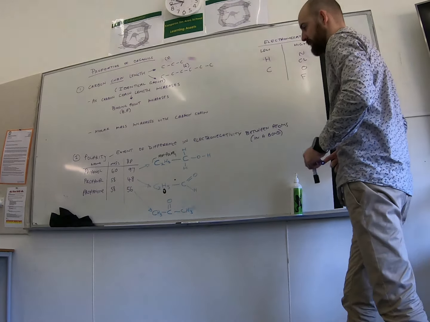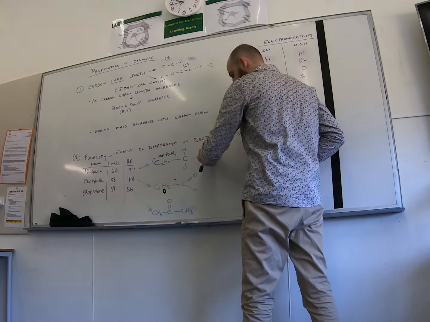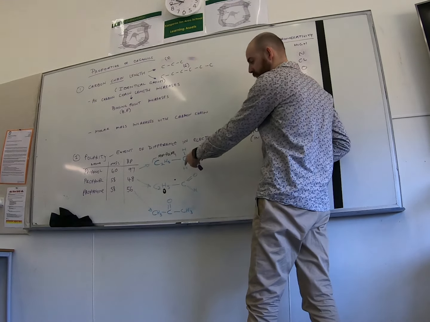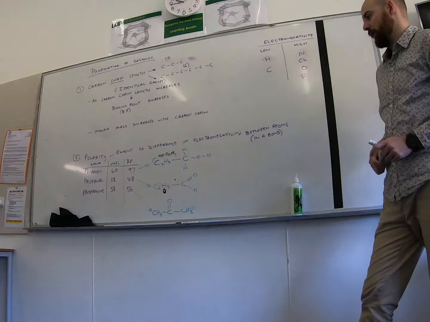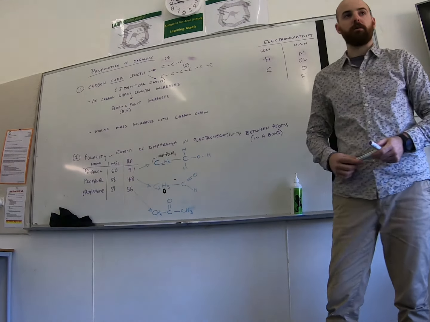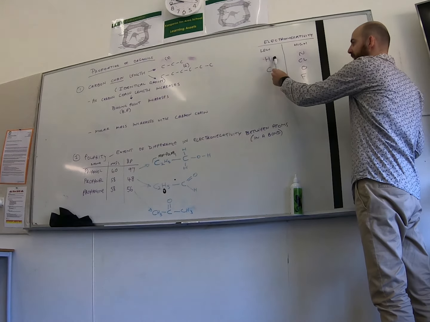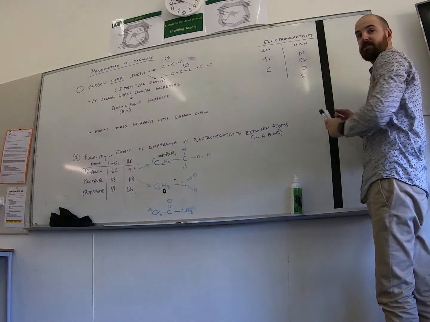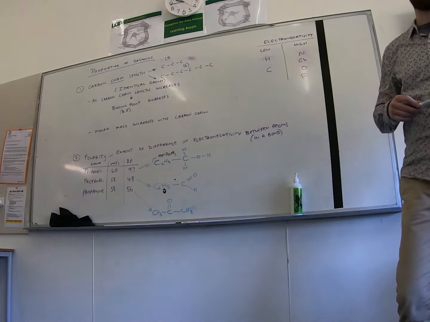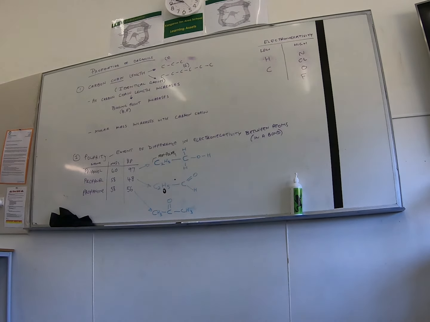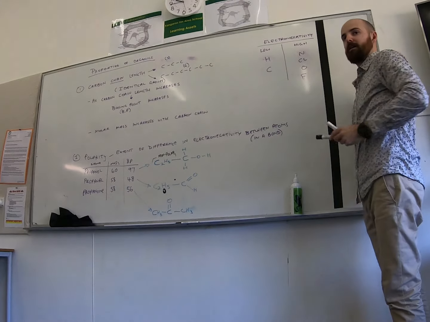However, if we look towards this side of the molecule, we've got this here. This is our alcohol functional group. OH represents alcohol. If we look at the differences in electronegativity between O and H, H is the lowest, oxygen is very high. If there's a difference, it's polar, isn't there? Yep. So there's a huge difference in electronegativity here.